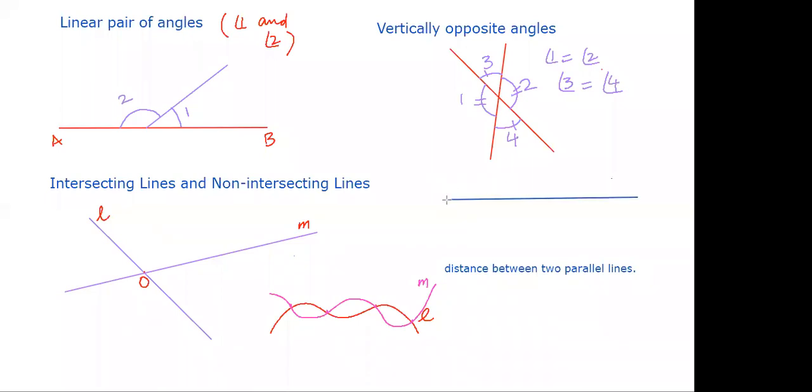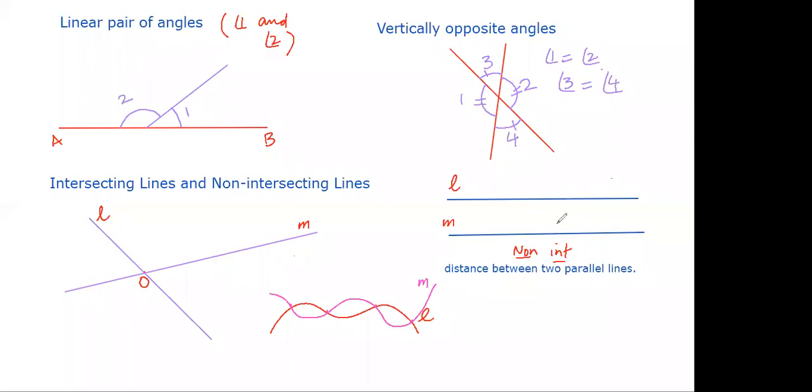So this is one line. Let's say this line is L, and this is the other line. So this is line M, right? Let me name these lines. This is line L and this is line M. So these two lines are non-intersecting. Students, they will never intersect.